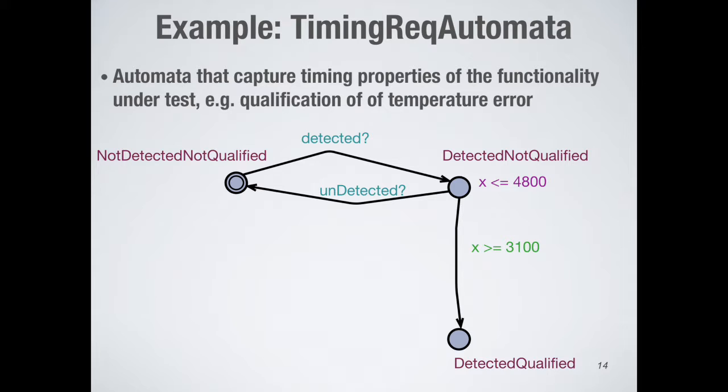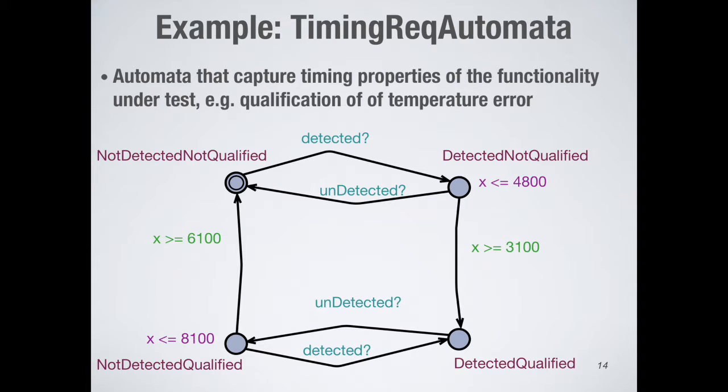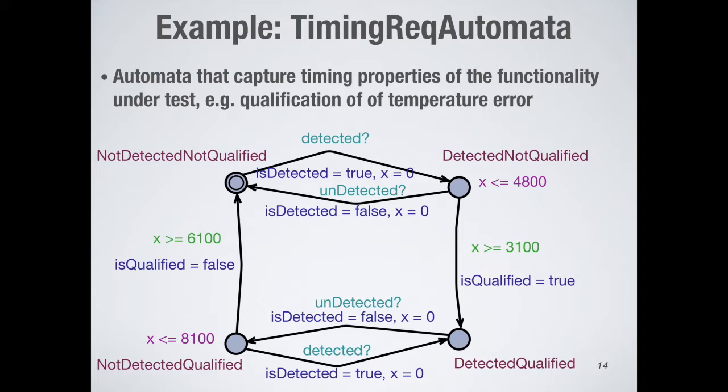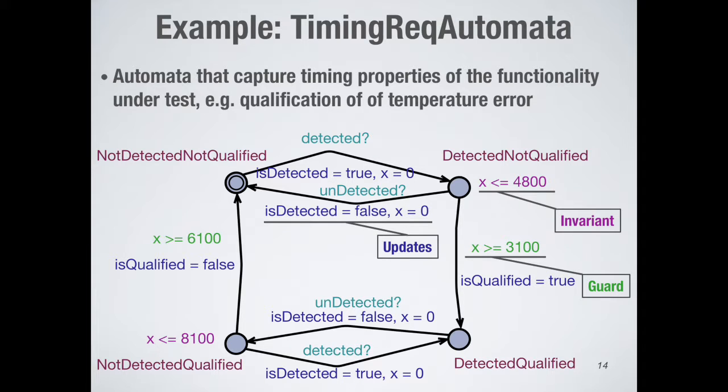So we put an invariant on the state with the timing constraint that x is smaller or equal than 4800 milliseconds. The complete model also captures the process of error dequalification. For each of the transitions, there are some updates on the state variables. Here, the legend shows the meaning of the different labels.